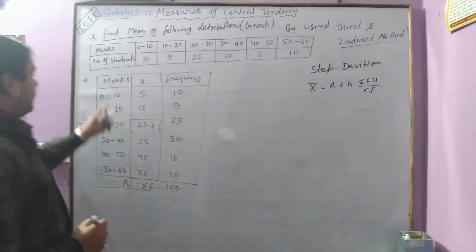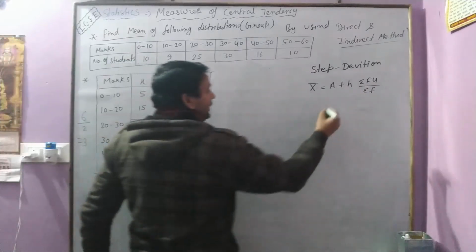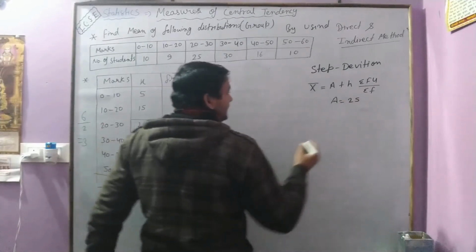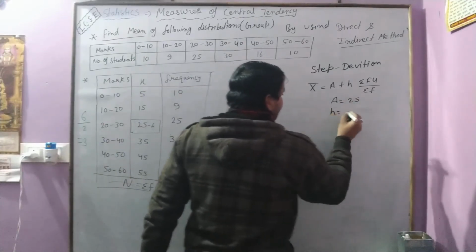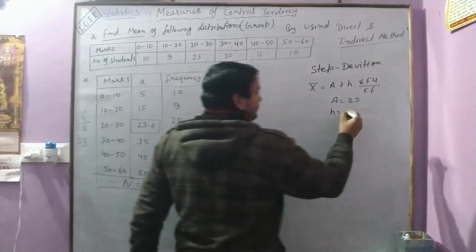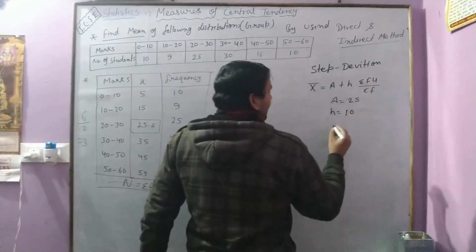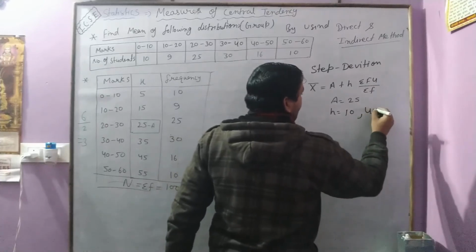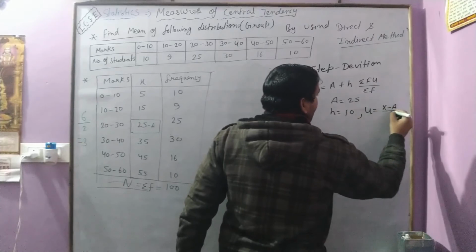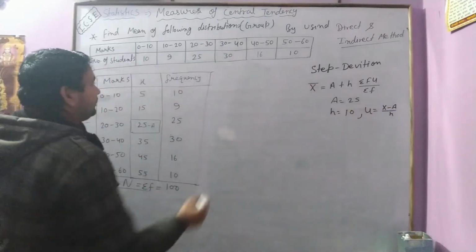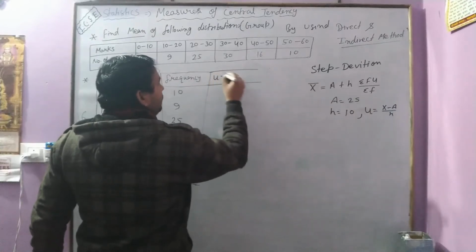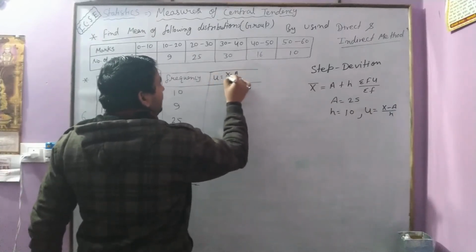Now for this, a we calculate here is 25 as in the previous method, and h is the size of class. Here size of class is 10, and now we need to calculate u. For calculation of u we have the method x minus a upon h. U is equal to x minus a upon h.